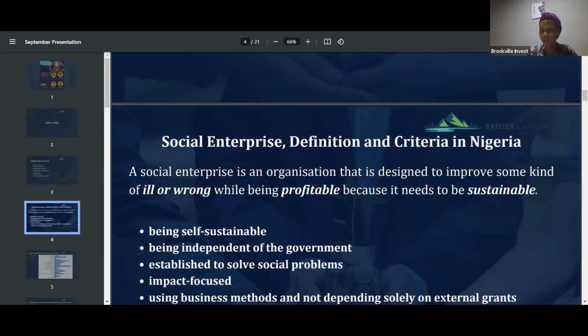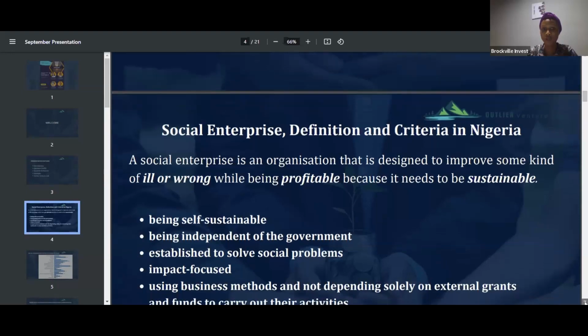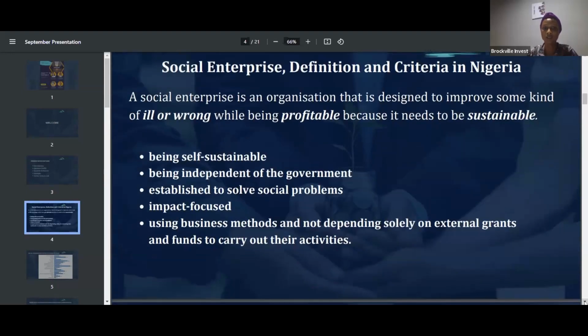So I have a quick definition of what a social enterprise is and the criteria for you to be a social entrepreneur in Nigeria or anywhere you find yourself.